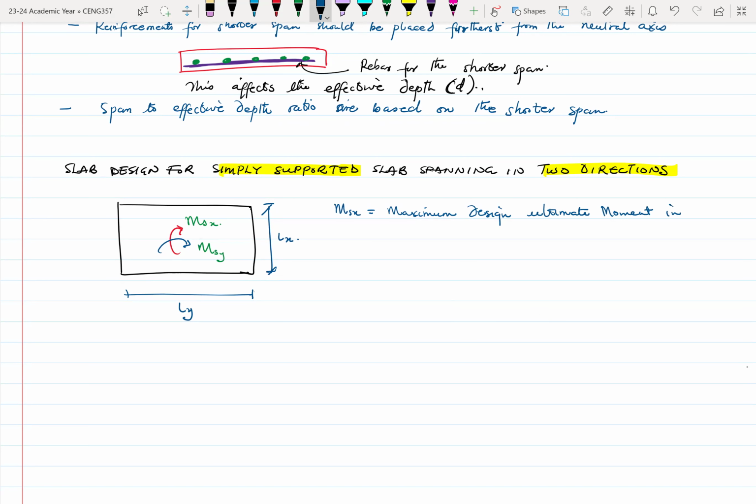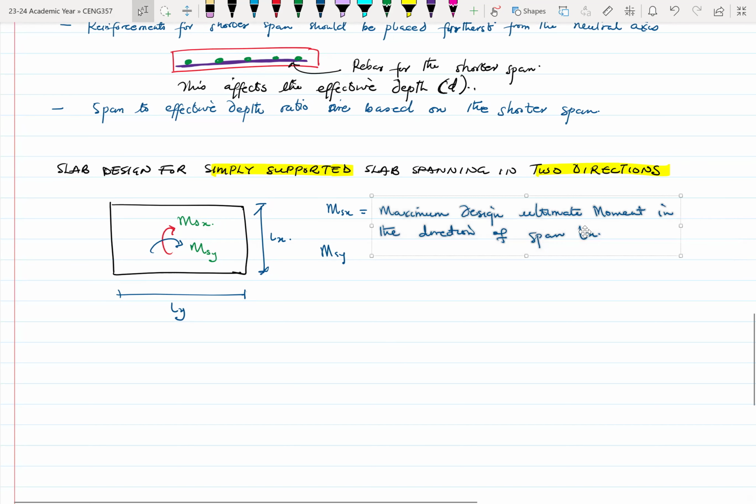In the direction of span LX. Then our MSY, it's the same thing, just that this is going to be in the direction of LY.